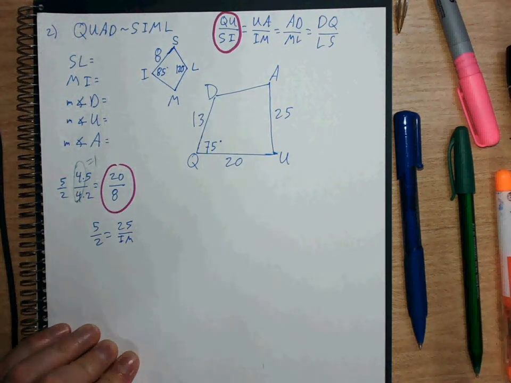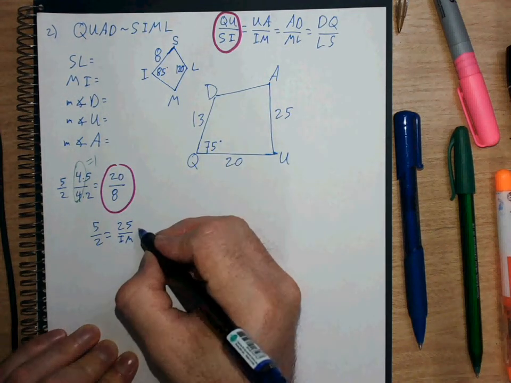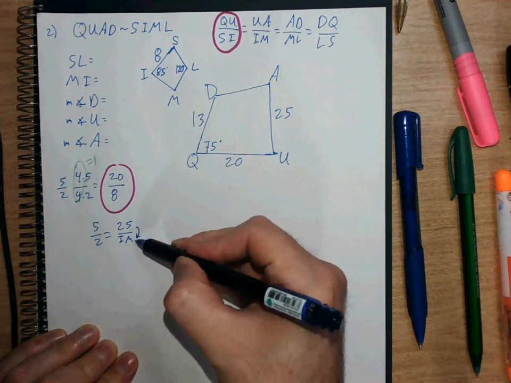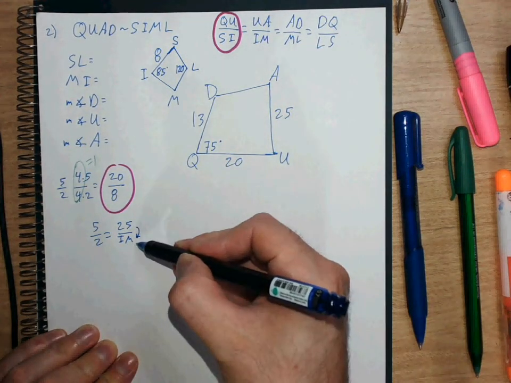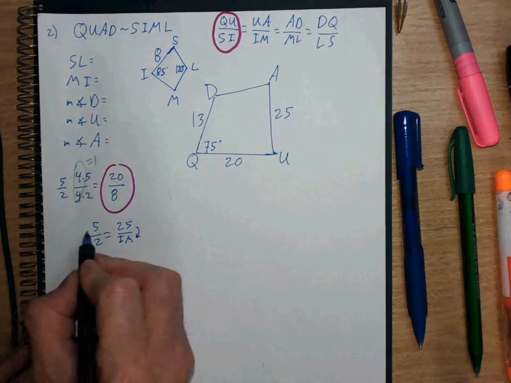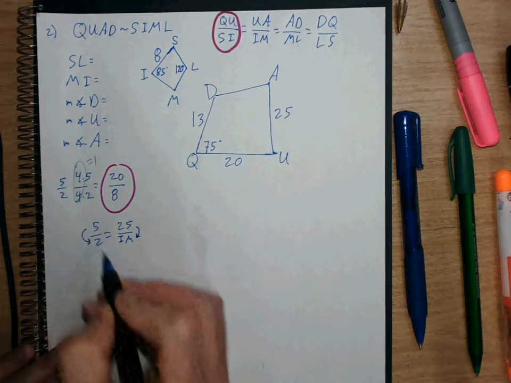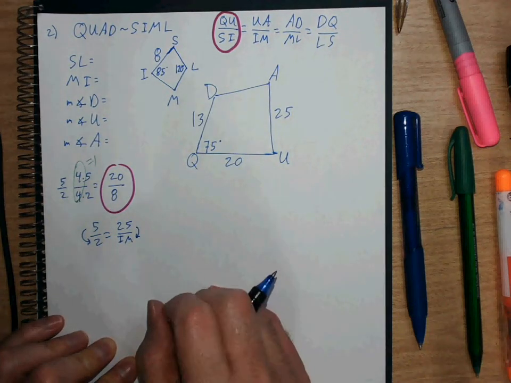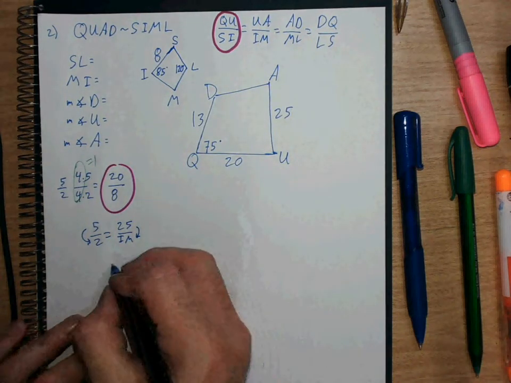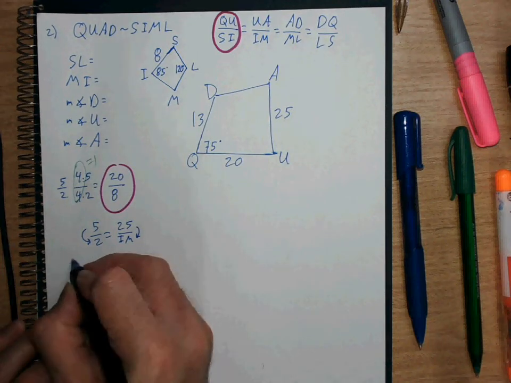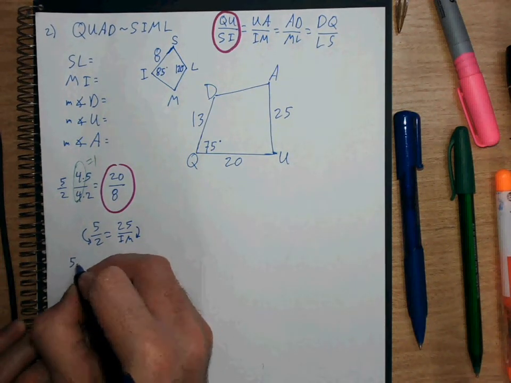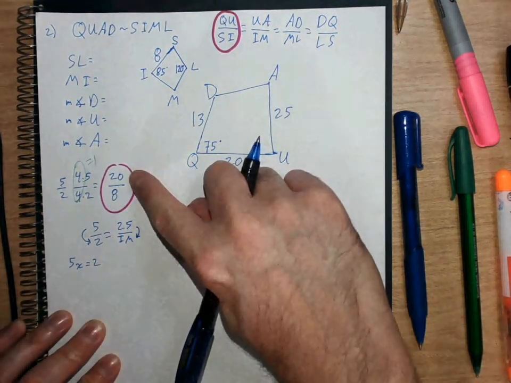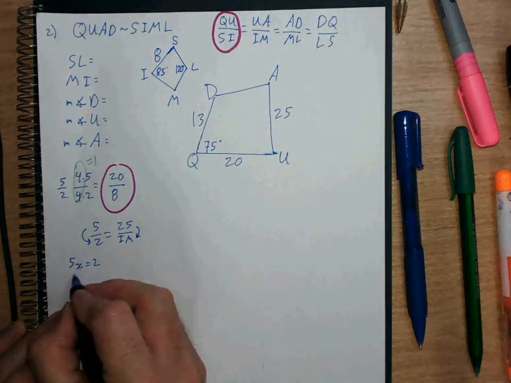So the idea here is I want to go from 25 to IM. 25 times what is IM, right? So I can do this here. 5 times what is 2. A little bit hard to think about what that is off the top of your head, although maybe you can. But you can also just do an algebra problem with that. 5 times what is 2, right? We could have done it with this, 20 times what is 8, and we get the same answer.